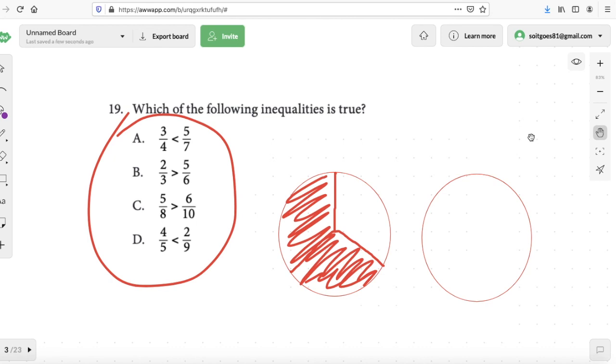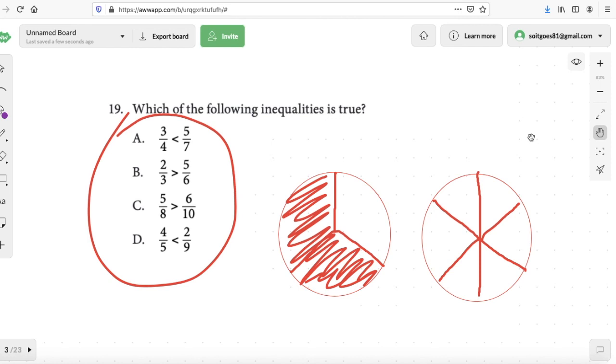Now we've got another pizza that's got 6 slices, so I'm going to try to divide it into 6 equal slices. This is a little bit tricky, but it's doable. We've got 6 somewhat equal slices, and 5 of those 6 slices are yours.